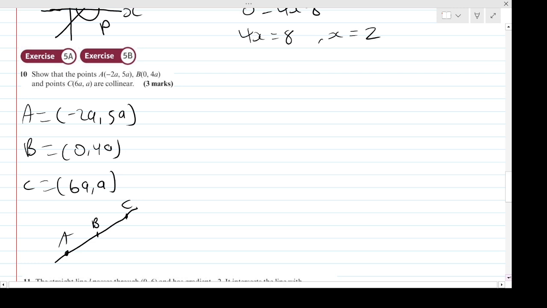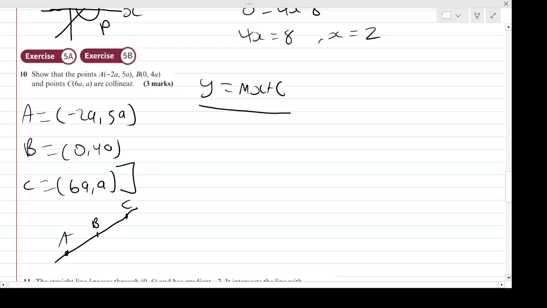Well, if they all lie on the straight line, can't we find the line that goes between A and B? If we find the line, y = mx + c, between A and B, then I can substitute the point C into this line and it should work, which should then mean all 3 points are on the line.